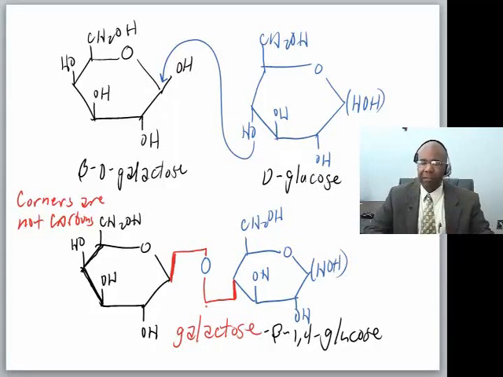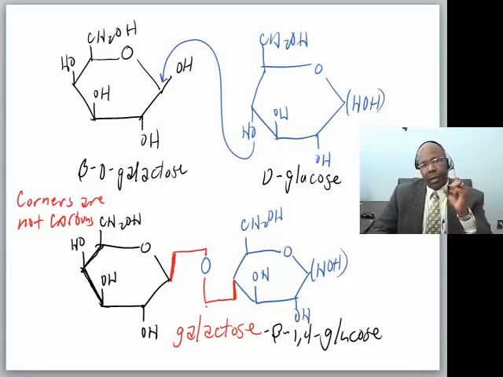There are not a lot of beta glycosidases in the body, so we have to have something very special for this. This is a very special sugar. And so this sugar, let me explain it to you this way. This sugar is found in the milk of mammals.